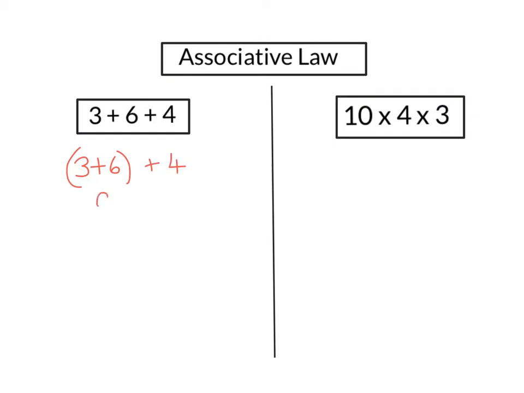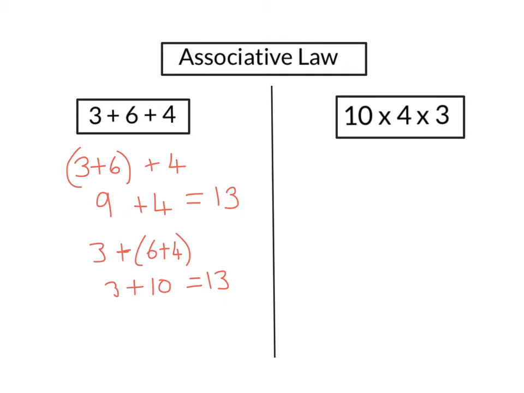So 3 add 6 is 9, and then add 4 is 13. Or I might see the connection that 6 add 4, so do the 6 add 4 first. Well, 6 add 4 is 10, so 3 add 10 is 13. So again, this second one here would have been the easier one, because I know that 10 add 3 straight away, 13. 9 add 4, still easy, but just a little bit more thinking.